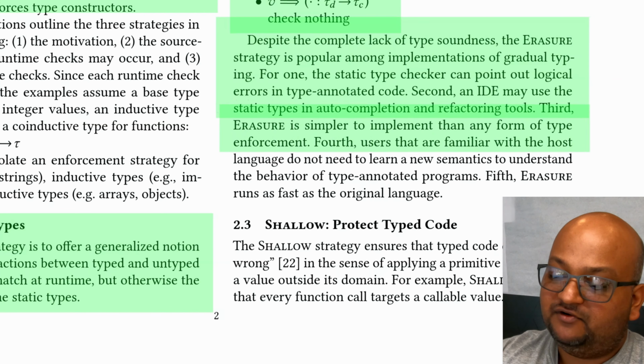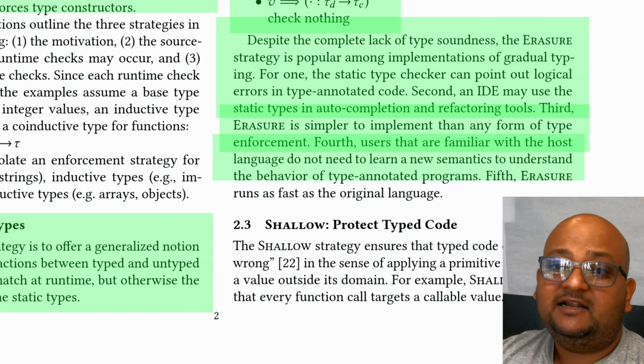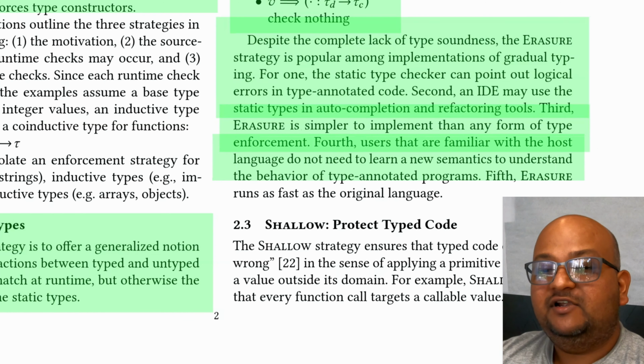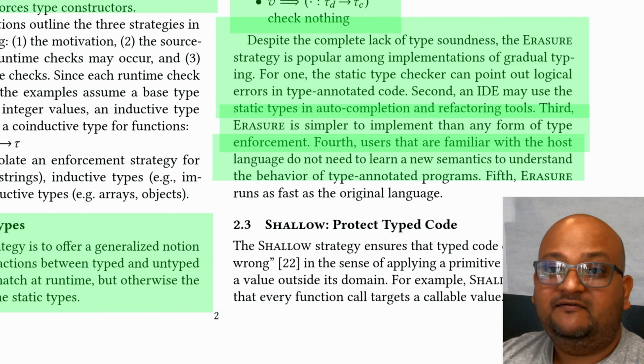The semantics are exactly the same as that of the host language. So the semantics of TypeScript are exactly the same as that of JavaScript. Every JavaScript program is a valid TypeScript program. And what this means is that it runs as fast as the original language.